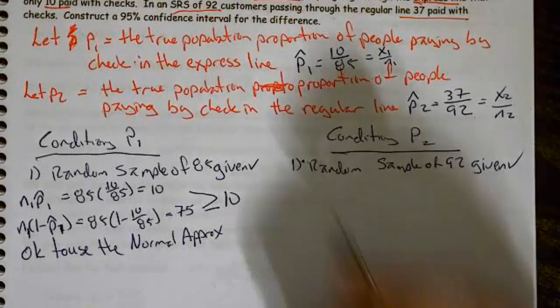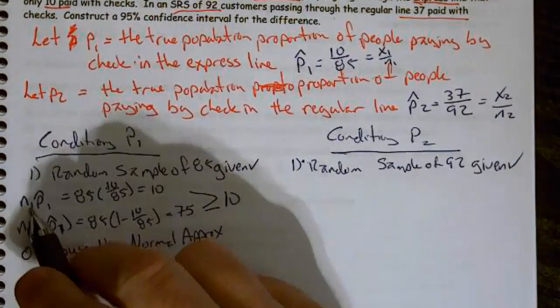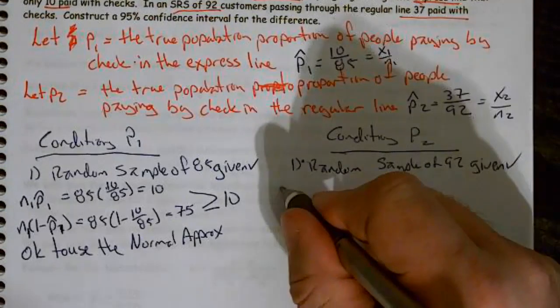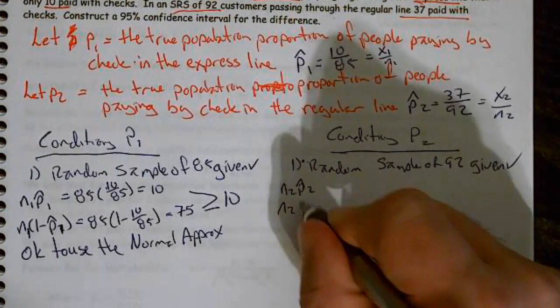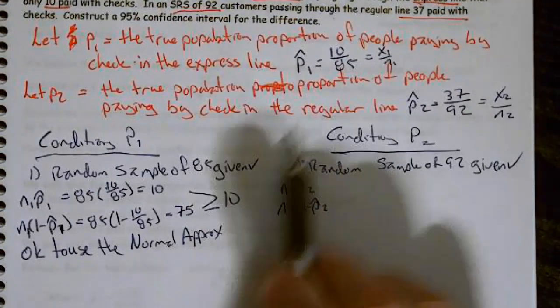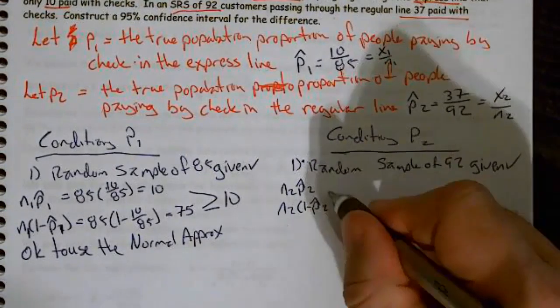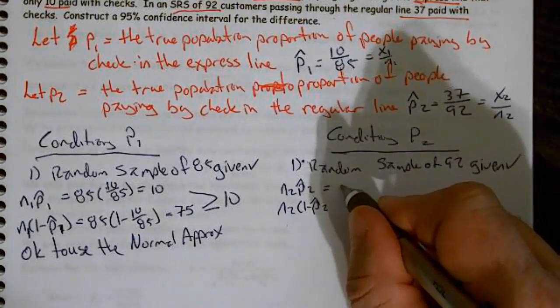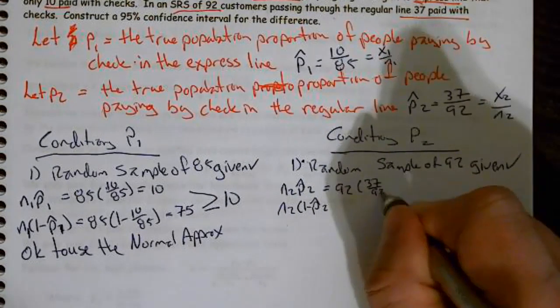The next thing, we have to do the same thing over here, except instead of N1 P hat 1, we're going to be N2 P hat 2 and N2 times 1 minus P hat 2. All right. Well, N2 was a sample size of 92, so 92 times 37 over 92.